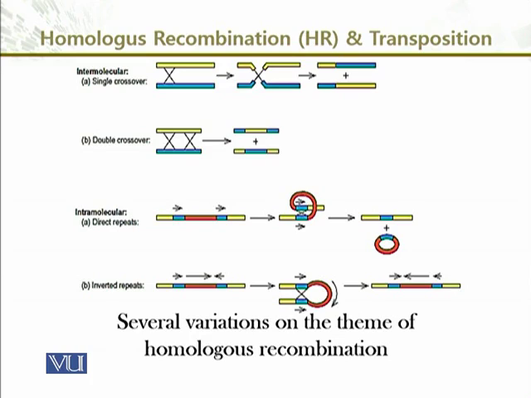And then there is another intramolecular event where the DNA, one or two strands, bends, makes a loop, crossover occurs, and new DNA is produced.